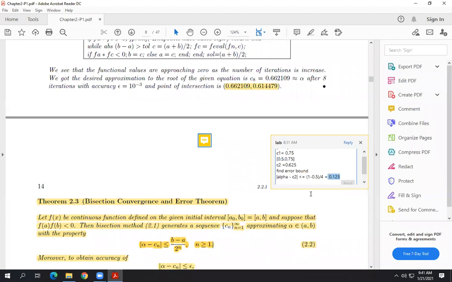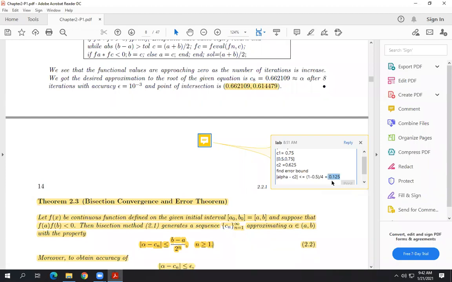My question is, is C2 good or not? No, it is not, because I say error bound always means the answer must be close to 0. But this is not close to 0, it is 0.25. That is a very big number. It's not close to 0.